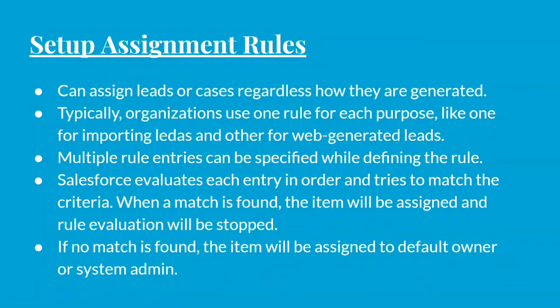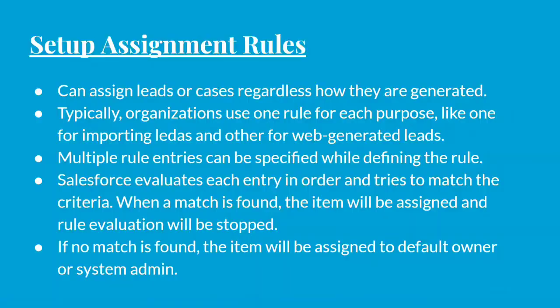So that's the main thing about assignment rules. It's not very complex to define assignment rules, but you can have different rule entries. Let's go ahead and create one assignment rule for lead and one for cases, and I will show you how we can do that in the system.